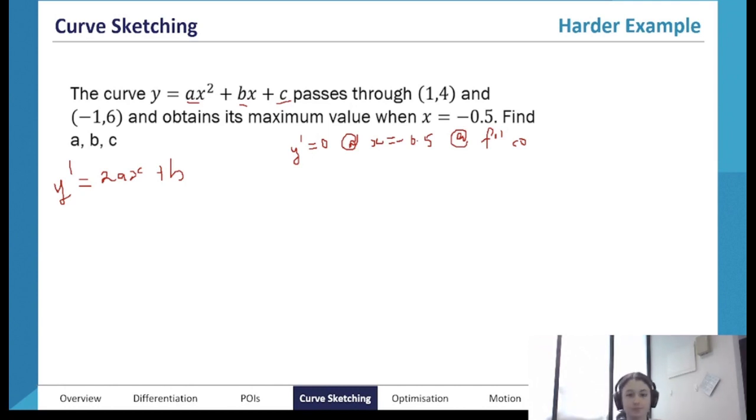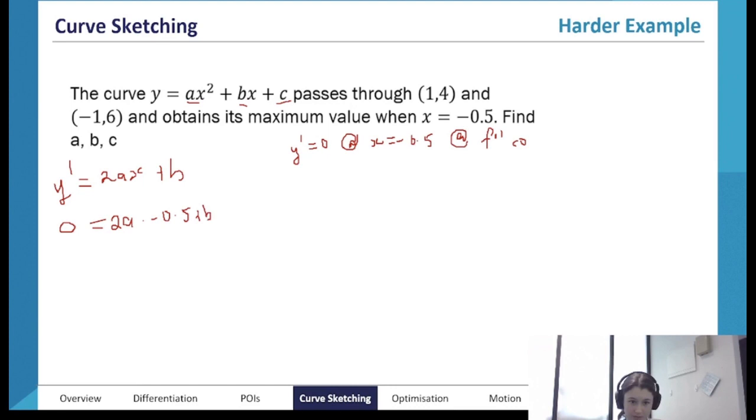So what I'm going to do first up is sub this information into our derivative function. So we're going to have 0 equals 2a times negative 0.5 plus b.